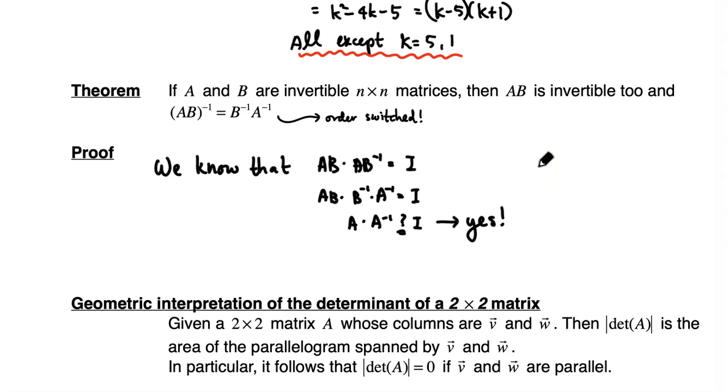If A and B are invertible matrices, then AB is invertible too, and the inverse of AB is B inverse times A inverse. Notice how the order switched.